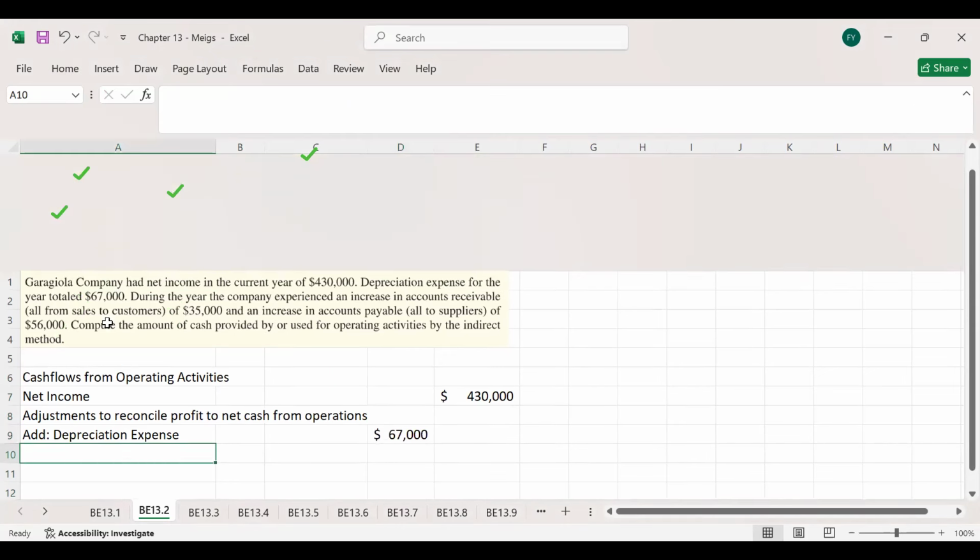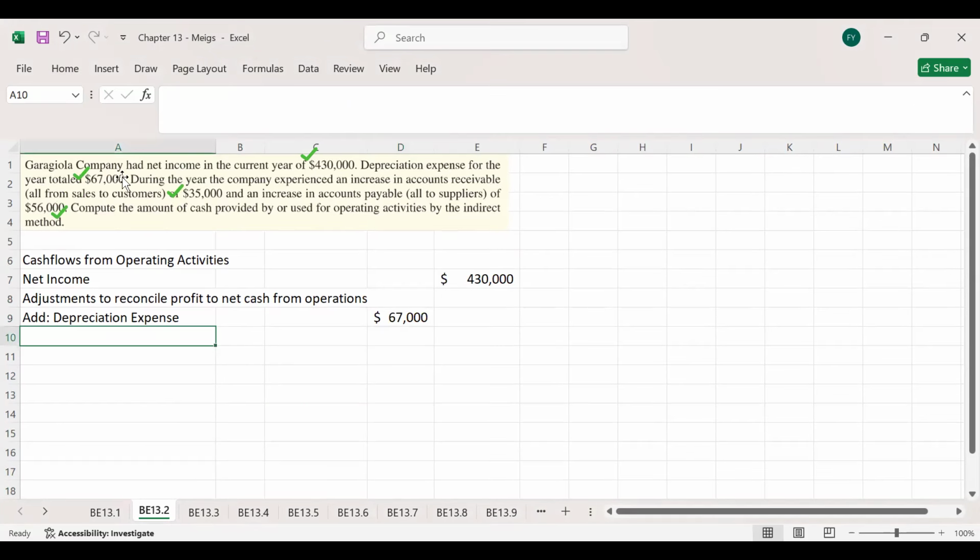And then the next is, during the year, the company experienced an increase in accounts receivable. Whenever there is an increase in any asset, as we have discussed, the increase in asset is deducted from the profit. So we deduct the increase in accounts receivable, which is 35,000.